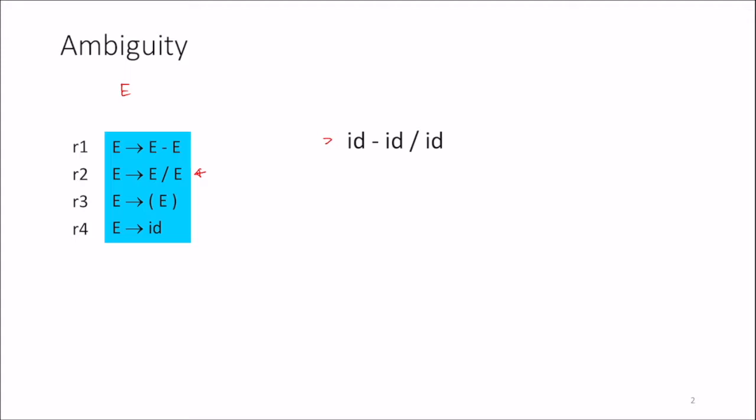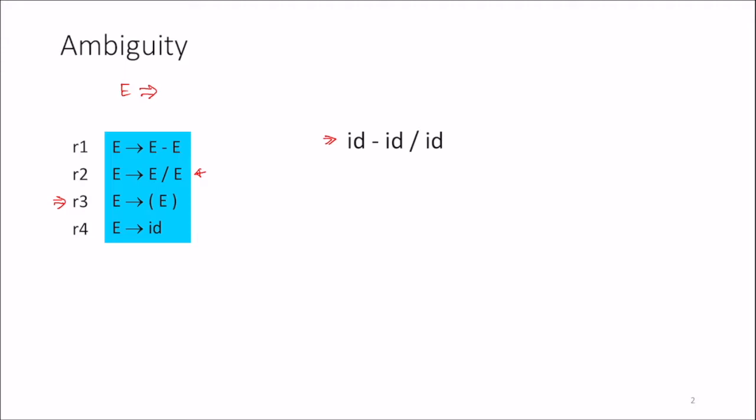So let's consider starting from the start symbol E and then choosing. I can't really choose this one because there is no parenthesis in this input. So what I care about is exactly processing this input string. I don't care about any other input string right now, right? I just care about that one.